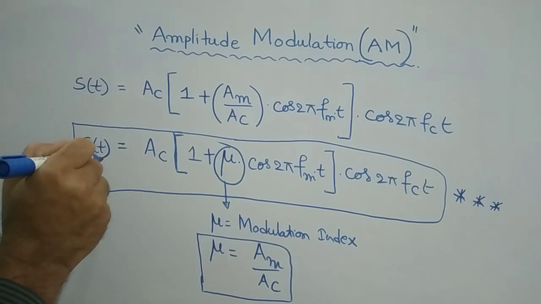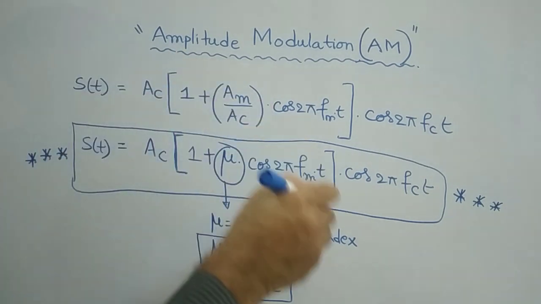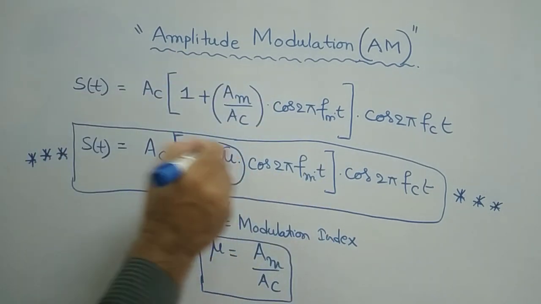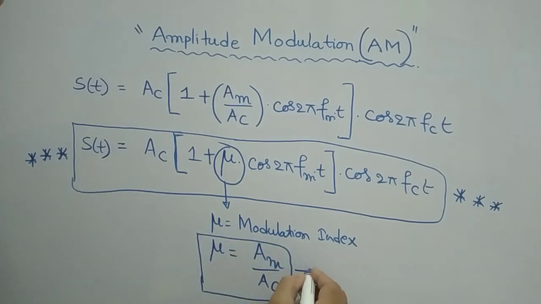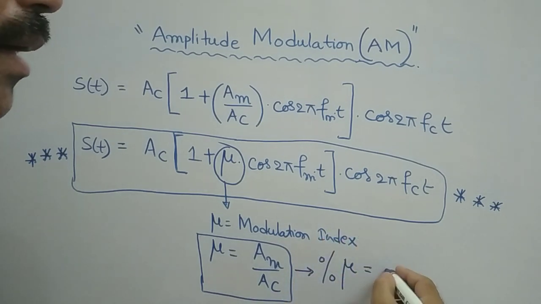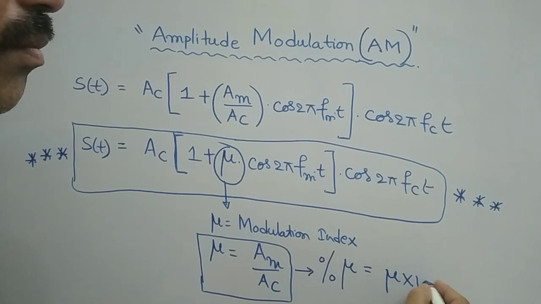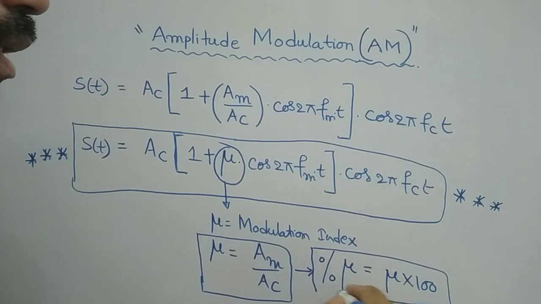How much percentage the message signal was modulated is given by this factor mu. Therefore, the modulation index can be measured in terms of percentage: percentage of modulation is mu into 100.